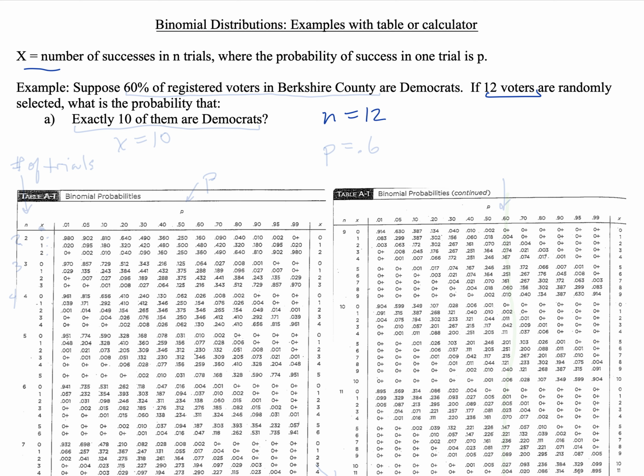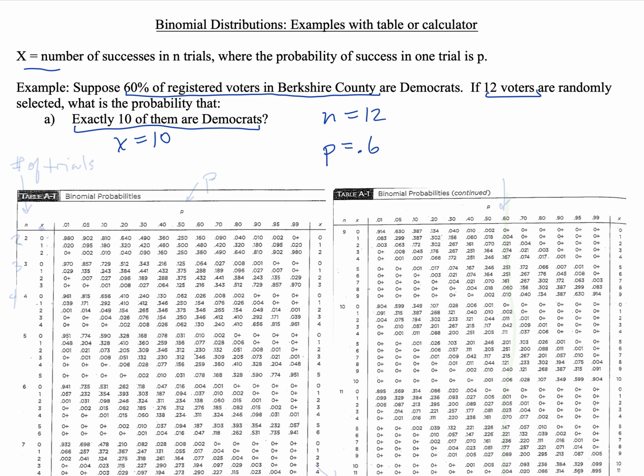We are looking for the probability of exactly 10 Democrats, so we're looking for x equals 10 Democrats, and since Democrats is what we're looking for, success is an individual that we select being a Democrat, and p, the probability of success, is 0.6 because it says that 60% of registered voters in the county are Democrats.